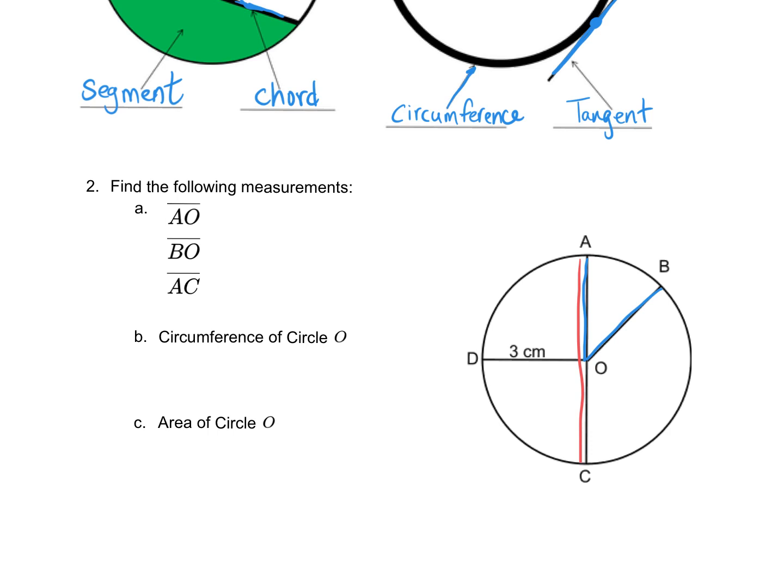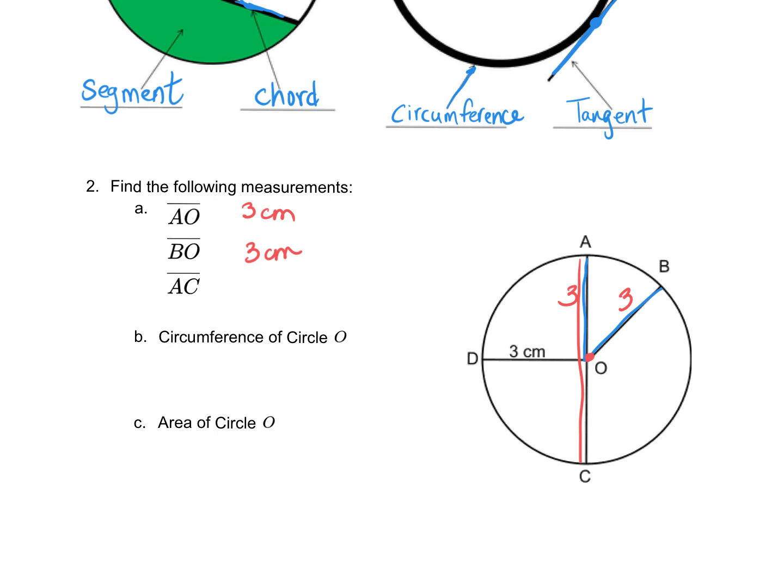So if you'll notice, DO, BO, AO, they're all radius, or radii is how we say the plural. So they're all 3 centimeters. Okay? Any line that comes from the center to the outer edge is going to have the same length.